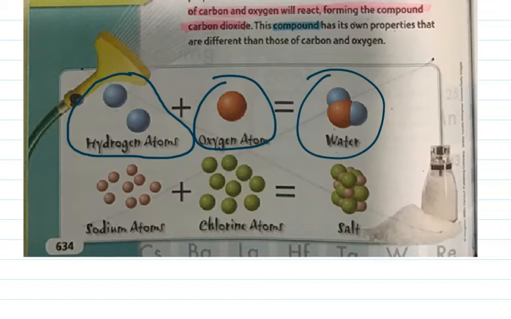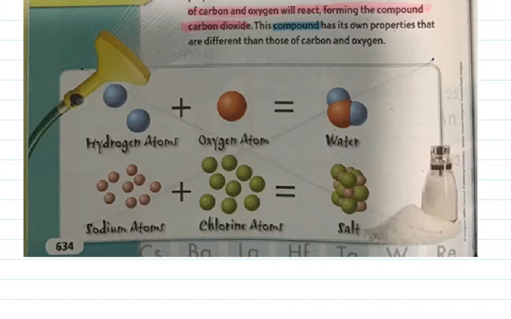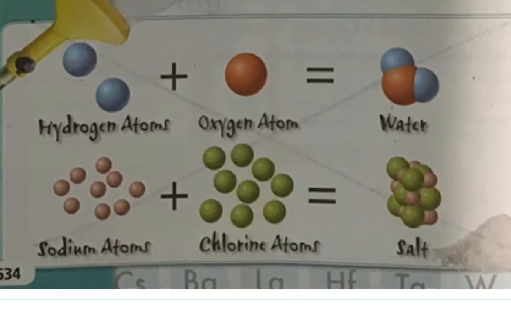Now let's look at the sodium atoms versus the chlorine atoms. Let's physically count all of the sodium and chlorine atoms. I'm going to zoom in just a little bit. Now let's count. Ready? We got 1, 2, 3, 4, 5, 6, 7, 8, 9.